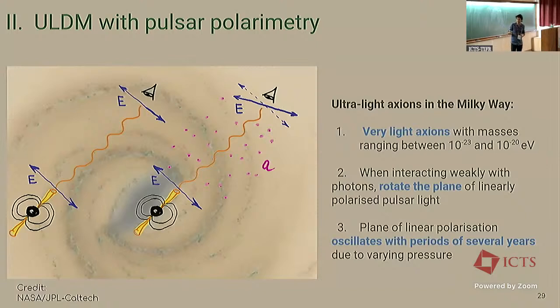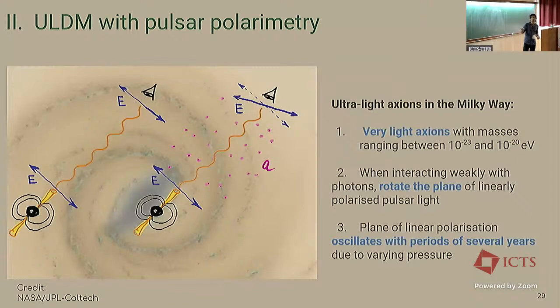So one of the things that I did not mention is that the emission from pulsars is highly linearly polarized. Often there are pulsars where it's not, but very often we find that the emission is highly linearly polarized. And what that does is it allows us to construct a Faraday rotation experiment where we can measure the rotation of the plane of the polarized light as it's passing through any medium that's in between us and the pulsar.